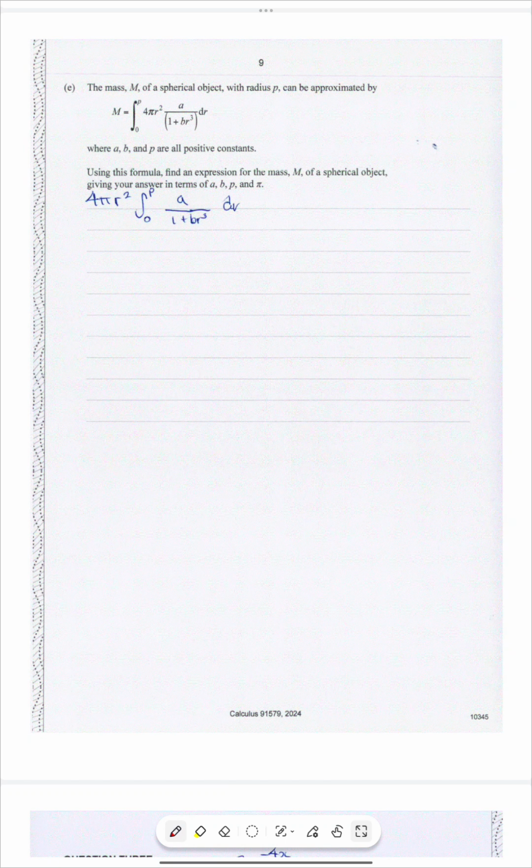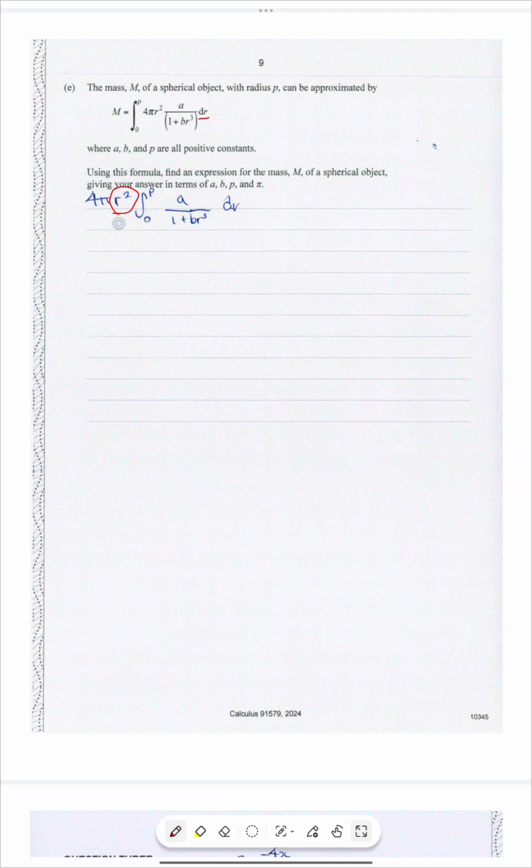Now, it's important to realize what the variable is for this expression. The clue that we are looking for is what is after d. So here dr tells us r is actually the variable. If you take r squared outside of this integral, you are not treating that as the variable here.